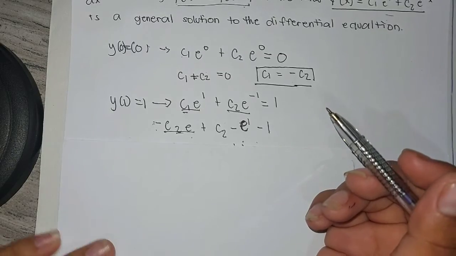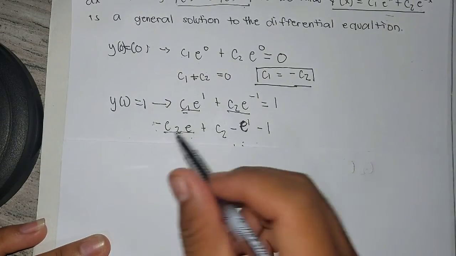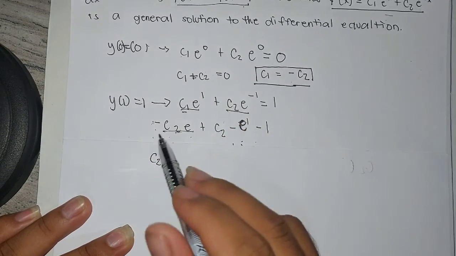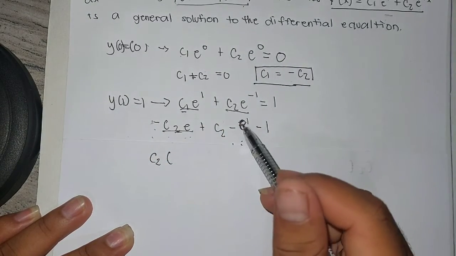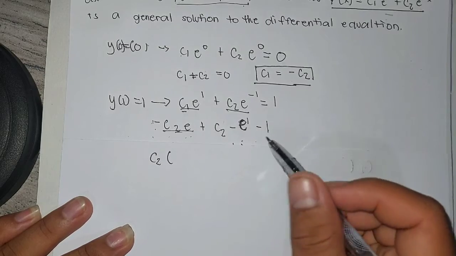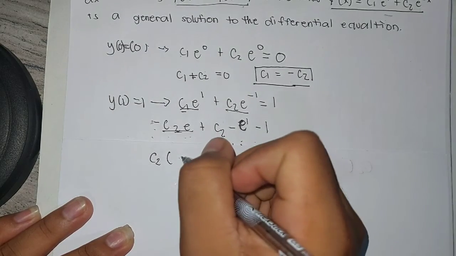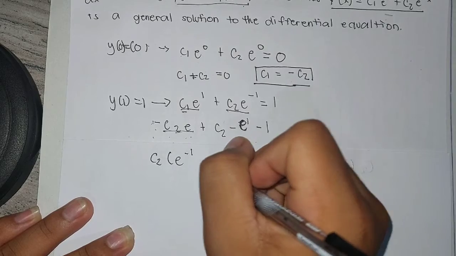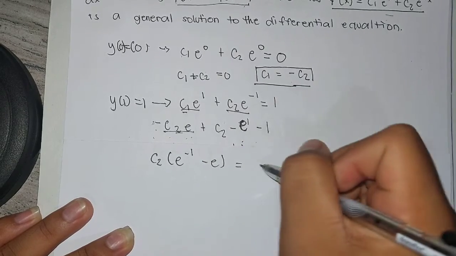So let's go ahead and factor out our common factor of c sub 2. That's going to leave us negative e and e to the negative 1. So I'm going to write c sub 2 times the quantity e to the power of negative 1 minus e is equal to 1.